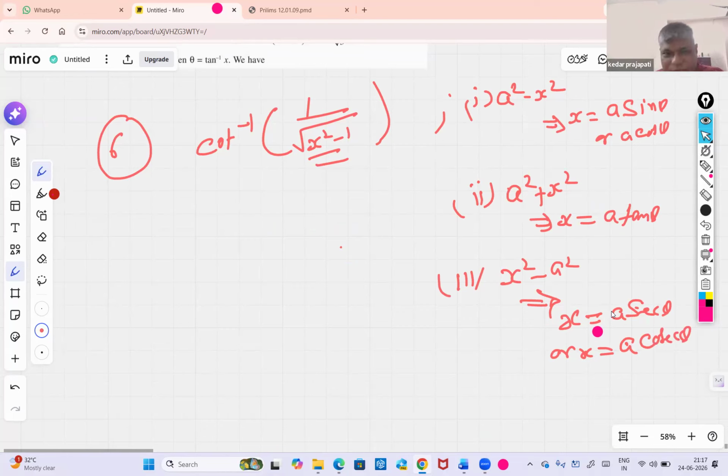These are general rules, but according to our need, we have to modify it. Getting it, right? Yes, sir. Okay, let's quickly go.